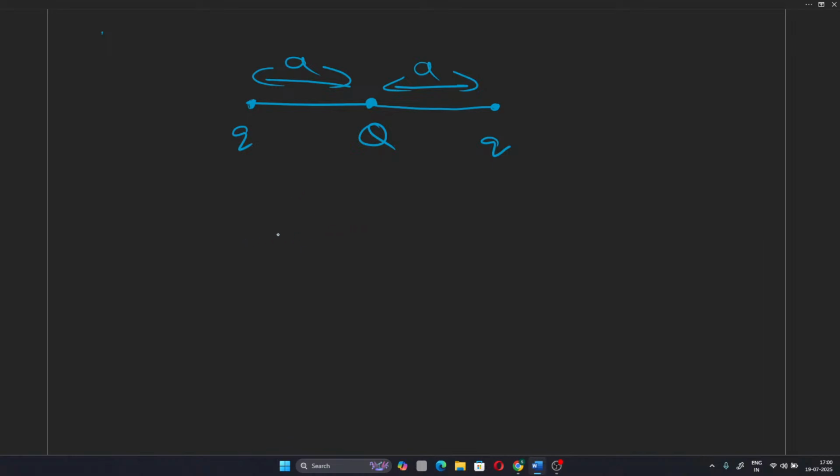So the second position is when q is displaced somewhere in the x direction. Let's assume the q charge was moved this way, then it will be a plus x and a minus x.